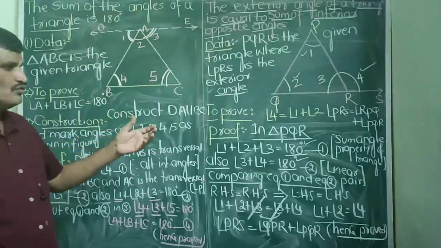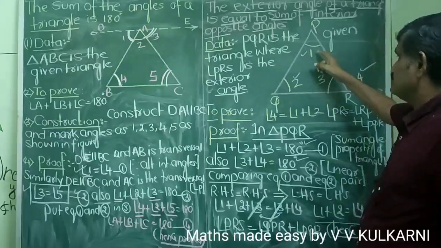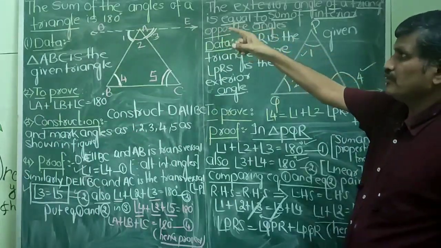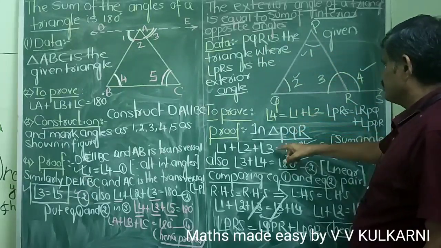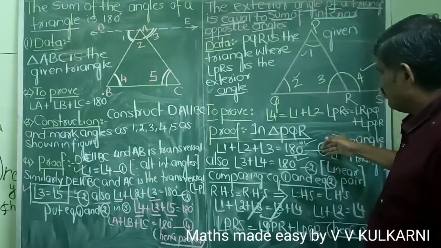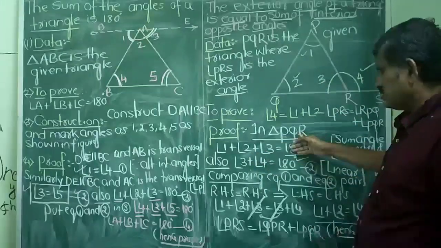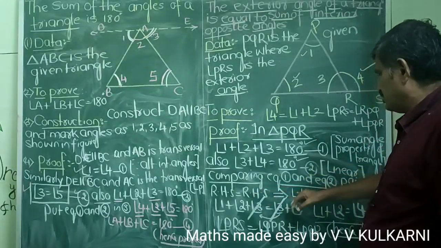If you have not understood, let me explain once again. I have taken the triangle and used the angle sum property, that is angle 1 plus angle 2 plus angle 3 is 180 degrees. Then I use the linear pair property. When I compare the two equations, the right hand sides are equal, so definitely the left hand sides should be equal.